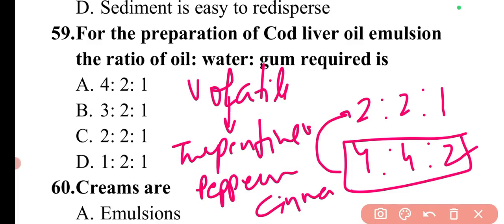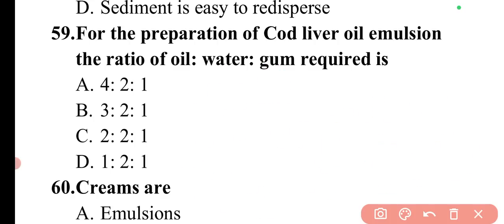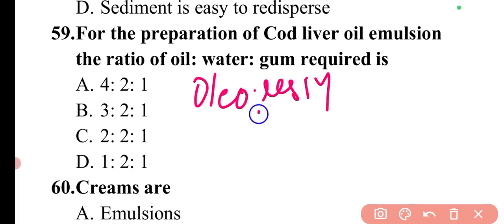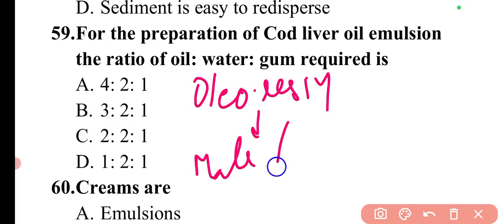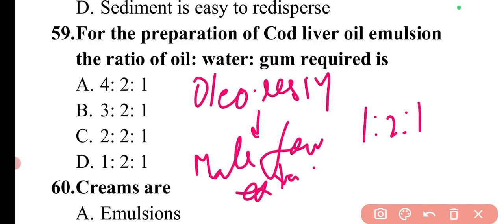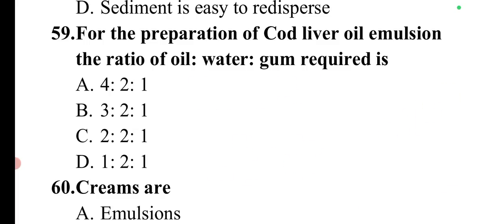If the type of oil is oleoresin, for example male fern extract, then this ratio will be 1 is to 2 is to 1. So these ratios you have to remember. Now we can move to the next question.